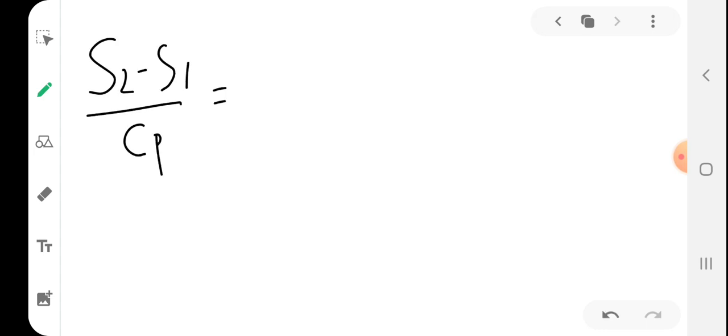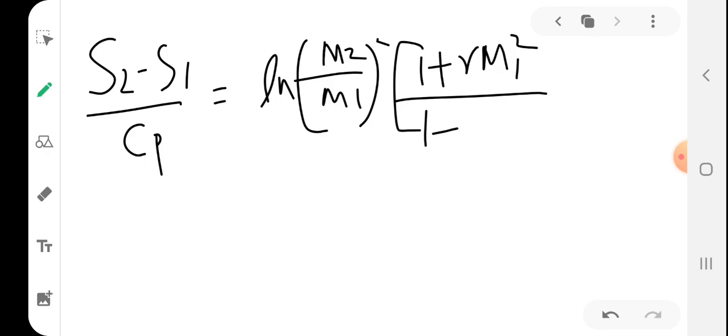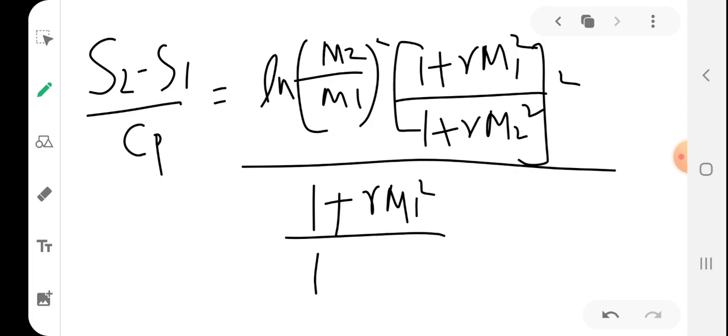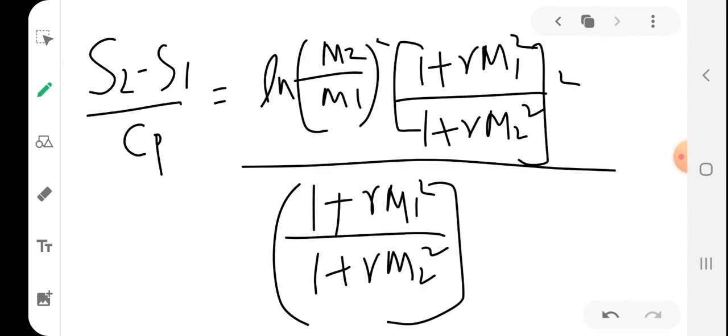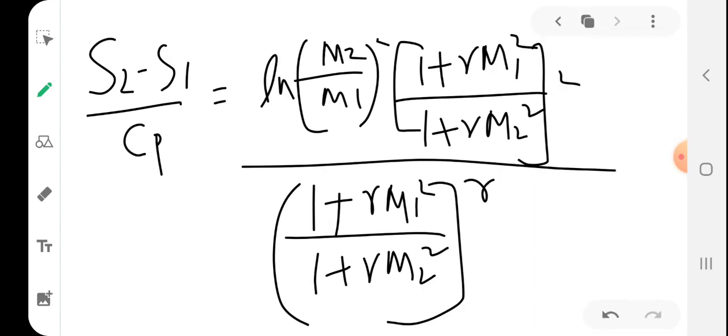S2 minus S1 by Cp is log, instead of T2 by T1 I will write (M2 by M1) whole square, into (1 plus gamma M1 square) by (1 plus gamma M2 square) whole square, since P2 by P1 is (1 plus gamma M1 square) by (1 plus gamma M2 square), whole raised to gamma minus 1 by gamma. So this is the equation for entropy change.